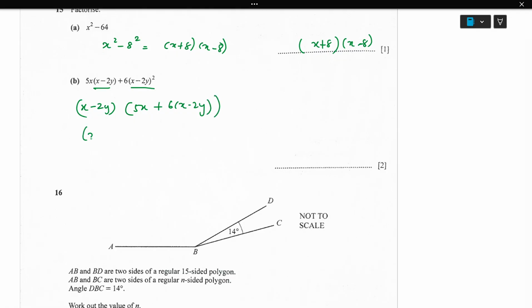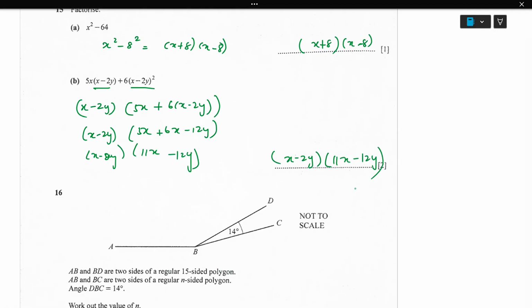Expand and simplify. So x minus 2y into 5x plus 6x minus 12y, which is x minus 2y into 11x minus 12y. So the final answer is x minus 2y into 11x minus 12y.